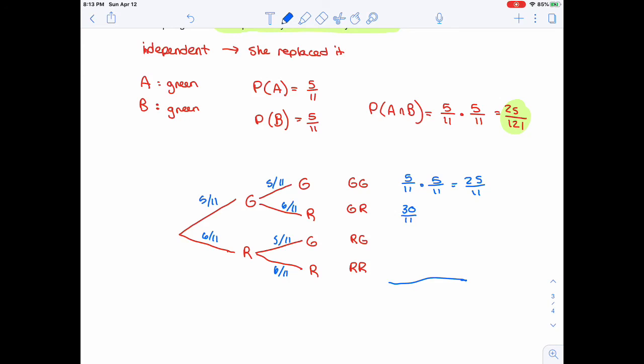Oh, I'm sorry, that should have been 121 up there. Down here we have another 6 and 5, so that's going to be 30 over 121. And our final one is going to be 36 out of 121. Again, we're doing 6/11 times 6/11. And if we add all of those up, we do in fact get 121 over 121. So we know we did it correctly.